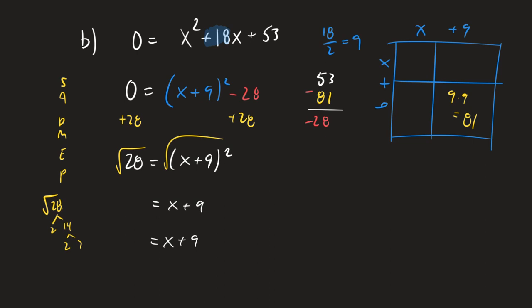So I've got a pair of 2's, so 2 gets to come out. I've got my lonely 7, so 7 has to stay in. So I get 2 radical 7, but I also get negative 2 radical 7.